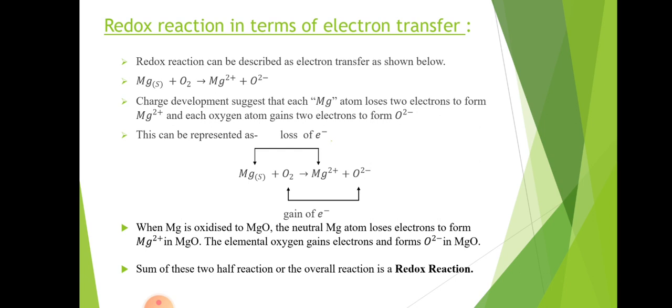Magnesium combines with the oxygen to form magnesium ions and the oxygen ions. In this reaction, the magnesium charge is 0 to plus 2 and the oxygen charge is 0 to minus 2.